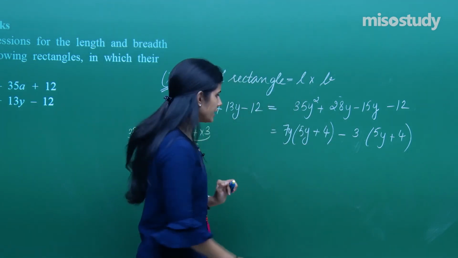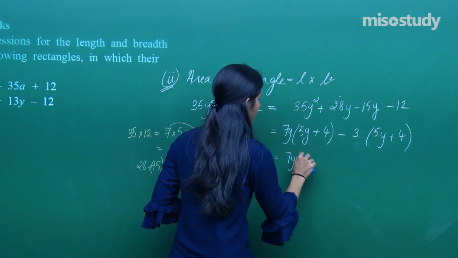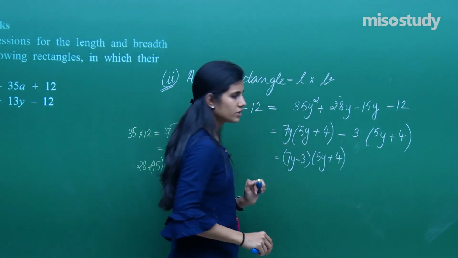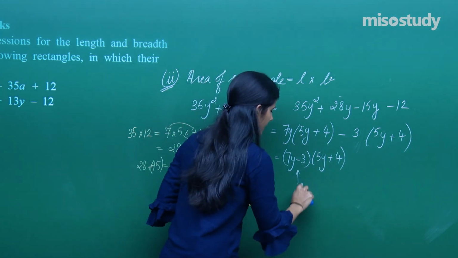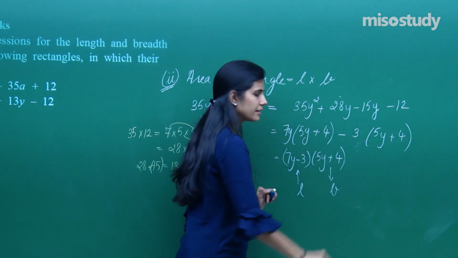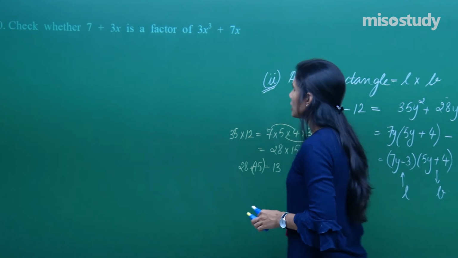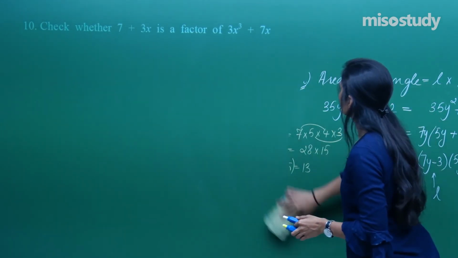Right? This gives you 7y minus 3, 5y plus 4. So this is my possible length and this is my possible breadth. Clear? Talking about the next question, check whether this is a factor of this polynomial or not.